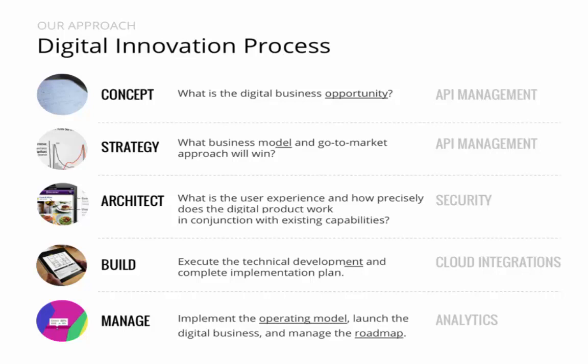Next comes the architecture. So what is the user experience and how does the digital product work in conjunction with existing capabilities? What I've found talking to CMOs across the country is invariably, the IT function has a lot of services.